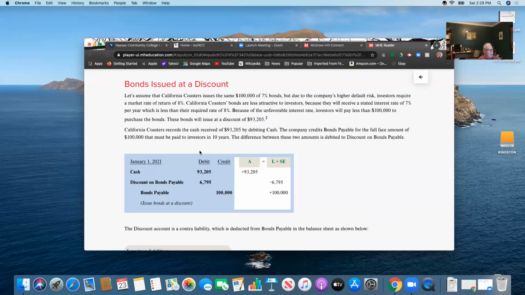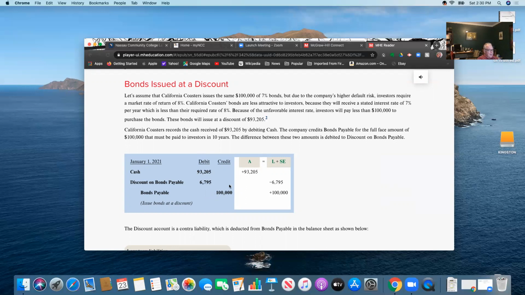Now, why can bonds be sold at a discount? Why would someone be willing to pay less than face value for the bond? It has to do with interest rates. Bonds trade in the marketplace based on interest rates. So these are bonds that pay 7% interest.